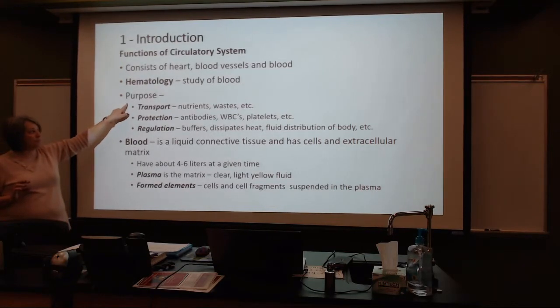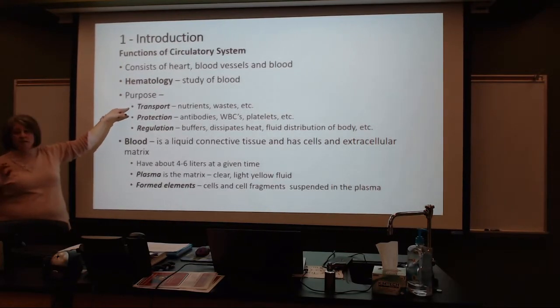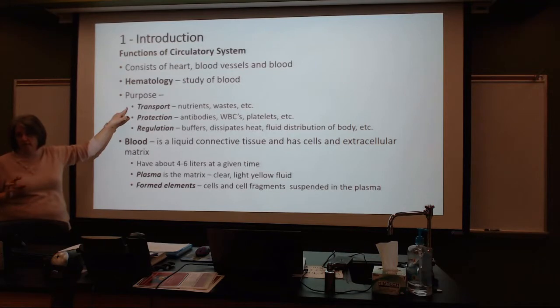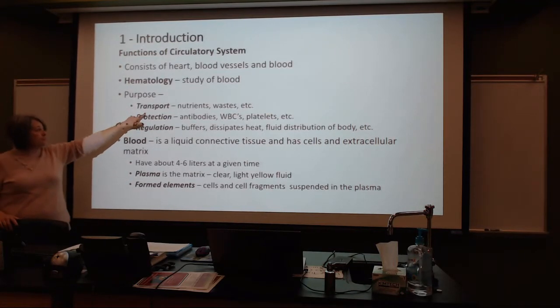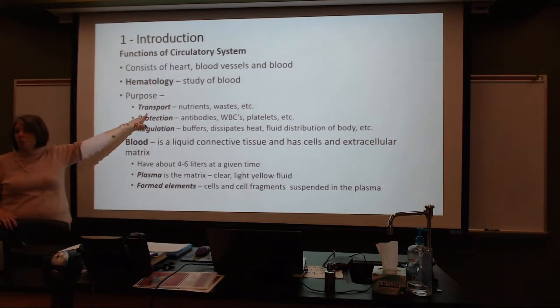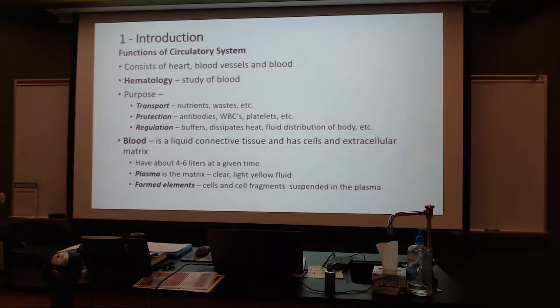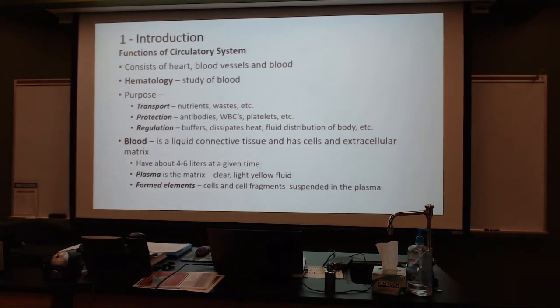But the purpose of the circulatory, the blood, I need it for transport. I have to transport nutrients, waste, hormones, immune cells. I have a ton of materials that have to be transported throughout my body.